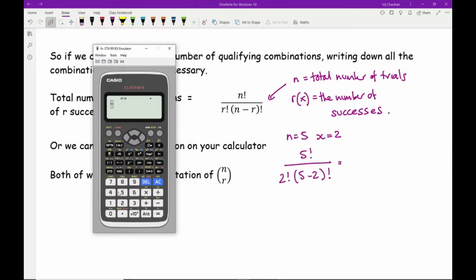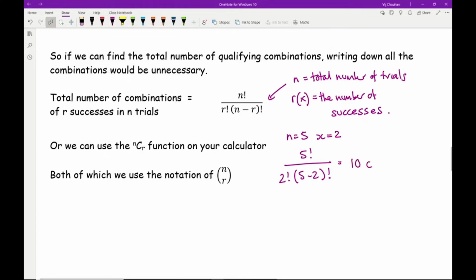So I set my fraction, I've got 5, and then use the factorial button, which is just on the inverse x button. Scroll down, I've got 2 shift factorial, bracket 5 minus 2, I could just enter 3, and then factorial, equals 10. So you can see that gives me 10 combinations.